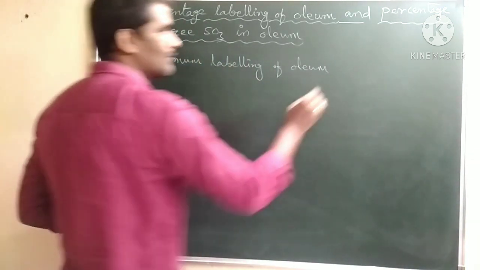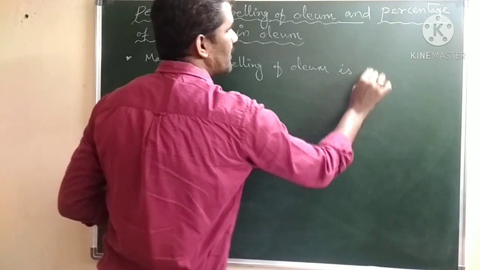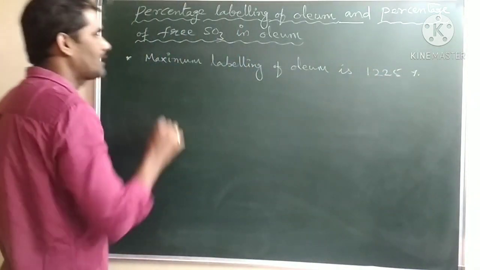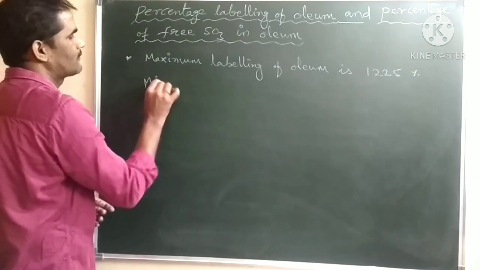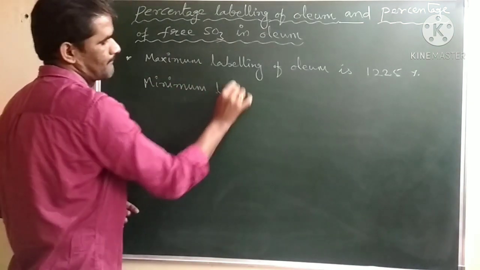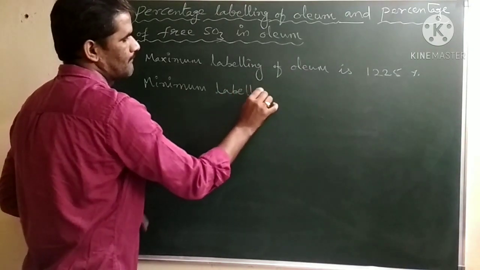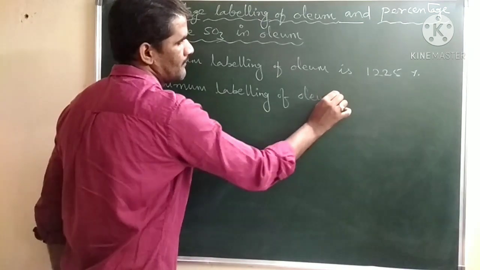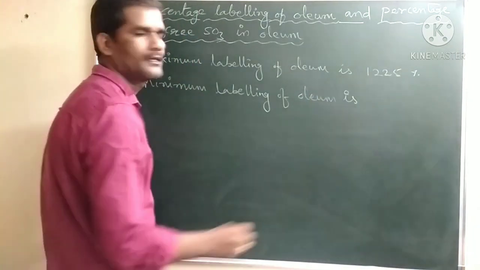So the maximum labeling of oleum is 122.5%. Similarly, the minimum labeling of oleum is 100%.